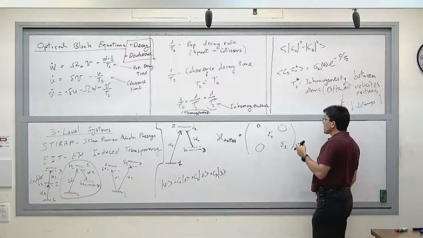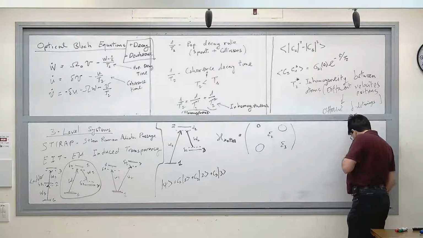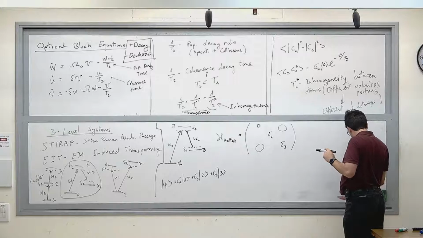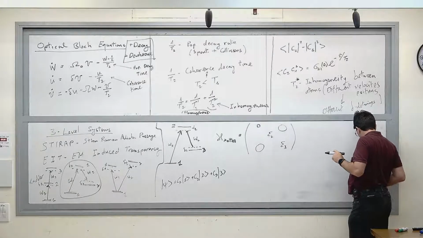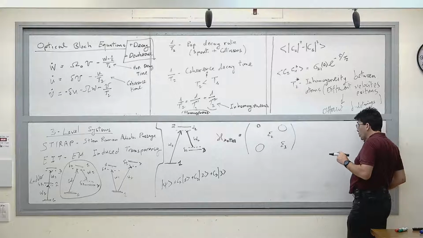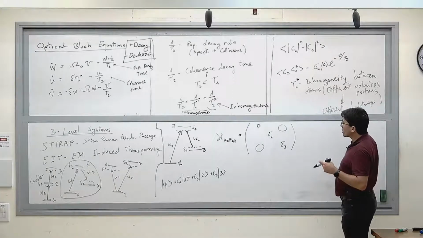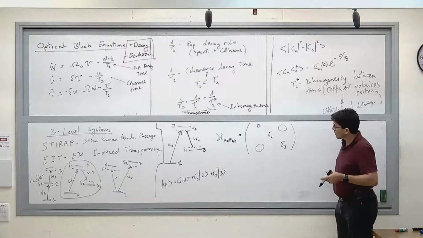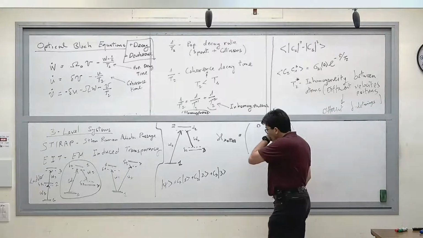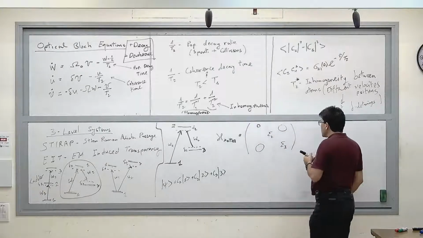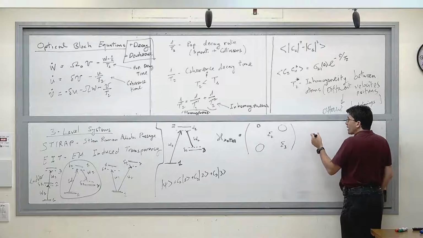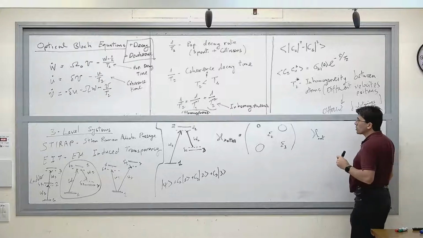Of course, we're going to do a rotating wave approximation pretty soon. I'll explain that in a moment. But if we think about the light-matter interaction, how does the interaction Hamiltonian look?